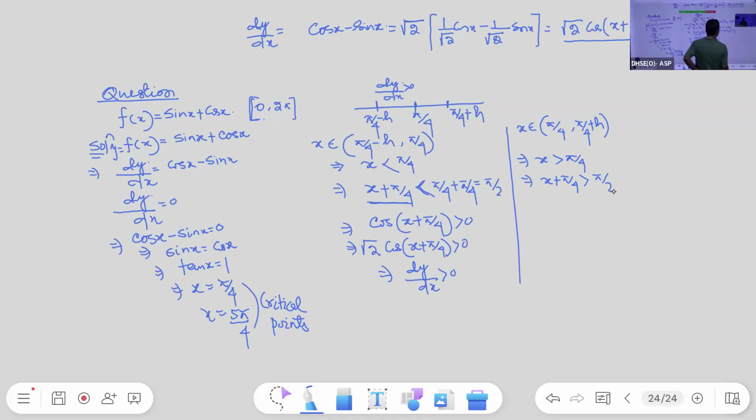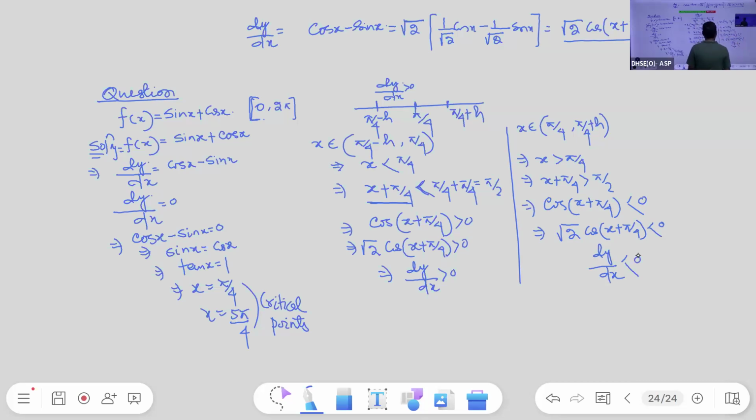That means x plus pi by 4 belongs to second quadrant. In second quadrant, cos function is negative. Thus, this implies cos x plus pi by 4 is less than 0, implies root 2 into cos x plus pi by 4 is less than 0. So dy upon dx is less than 0.